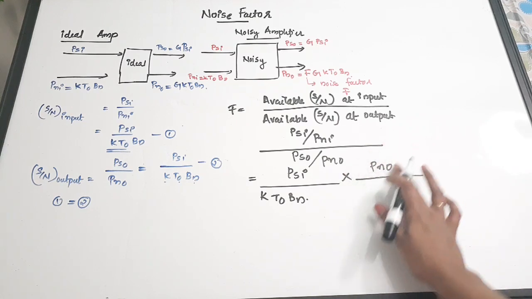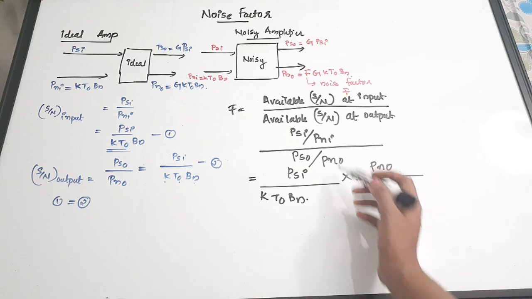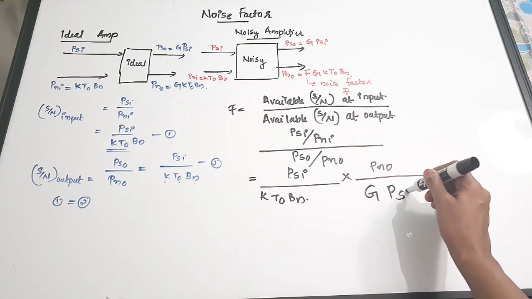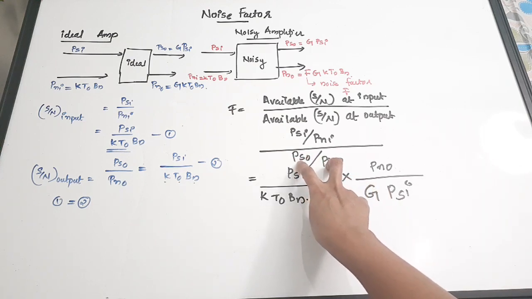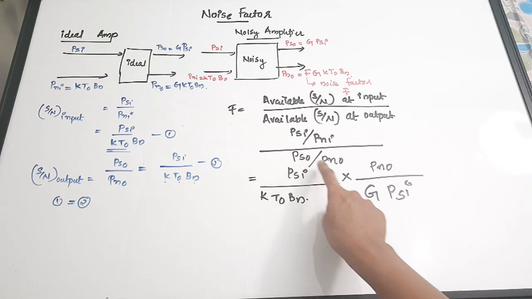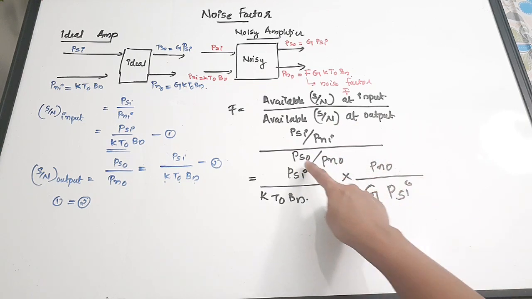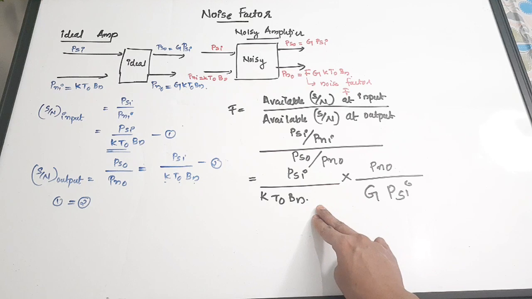Next, PSO is G into PSI. What we have done here is cross multiplied the term in the denominator, that is PSO by PNO, taking PNO to the numerator. Then we have substituted the value of PSO, which is G PSI. The numerator terms also we have substituted the values.